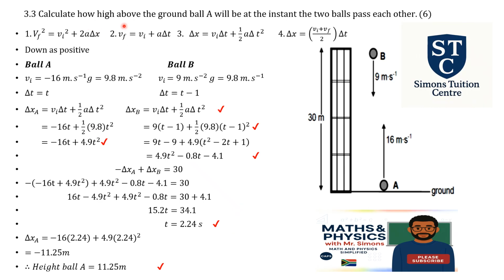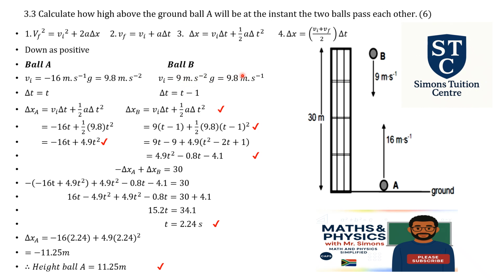Calculate how high above the ground ball A will be at the instant the two balls pass each other. There again, there are my 4 equations that I have to correctly choose from. If we look at ball A, initial velocity negative 16, it's going up because we take down as positive. Gravity 9,8, and we will take the time as t. Ball B was thrown down, so initial velocity 9 meters per second.